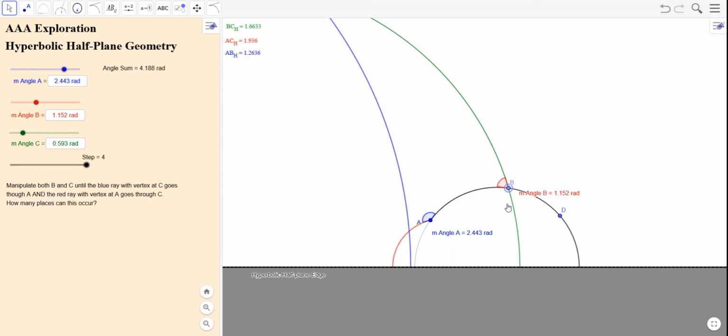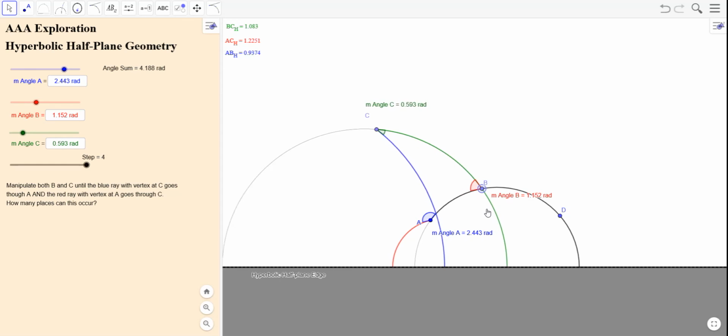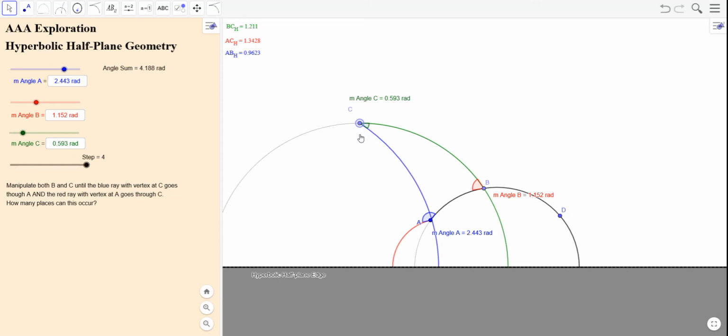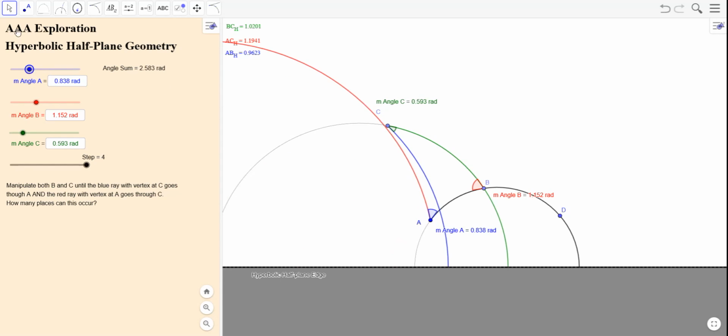See, even if I bring it all the way down, it's not going to work. So we can make a zero possibility. That's when the three angles add up to pi or more than pi, that is 180 degrees or more. There's no solution. But if the angles add up to less than pi, less than 180 degrees, then there's exactly one congruence class of solutions. So the angle criteria is enough for hyperbolic geometry.